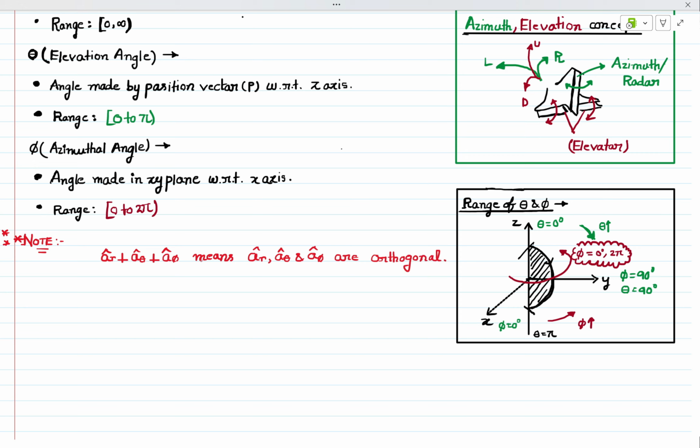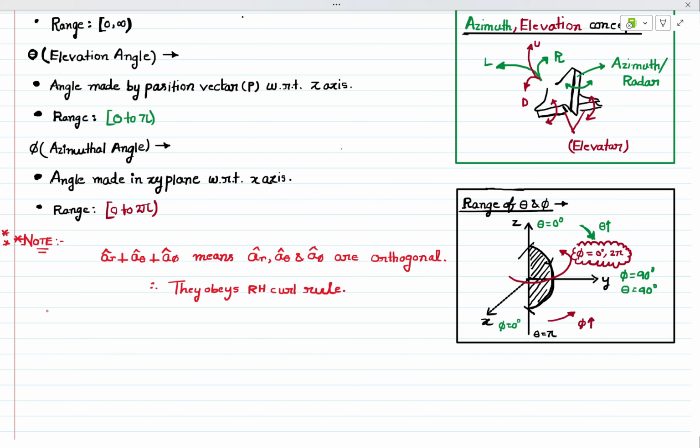Right? Means they obey the right-hand curl rule. Now the orthogonality concept has been produced by what? The right-hand curl rule. So that means they obey the right-hand curl rule.